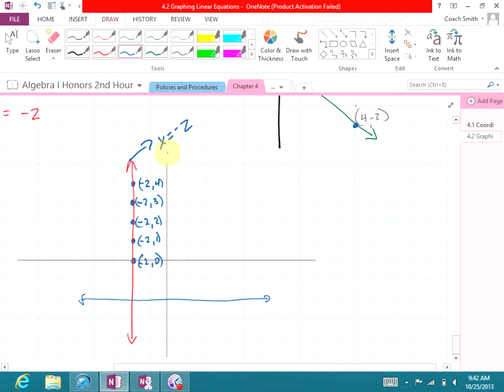So a vertical line is going to be X equal something. Okay, that's what a vertical line is going to be.